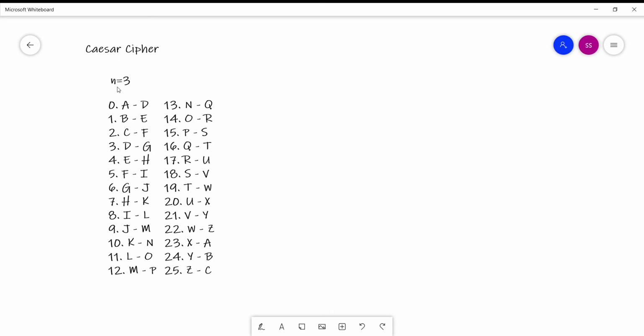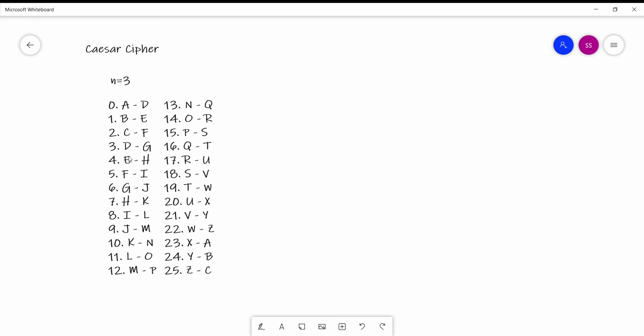So if n equal to 3, then I have to make a table where a will be encrypted to d, b will be encrypted to e, c will be encrypted to f, and such that every alphabet will be increased by 3 to become the ciphertext. So this is the basic principle of the Caesar cipher.